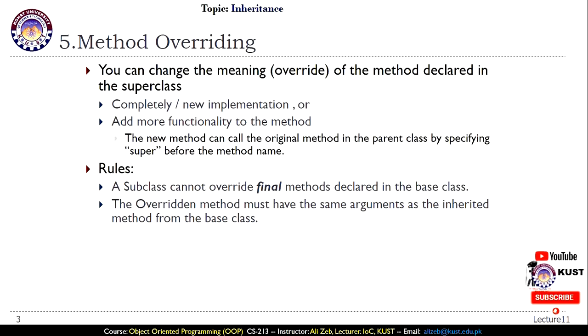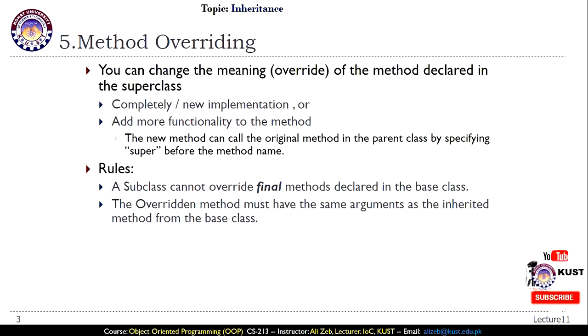So for example, if we inherit the method and change the name of that method, we won't be able to override the method. And if we change the number of arguments inside that method, we won't be able to override that method. In fact, the compiler will consider it as a completely new method instead of an overridden method.